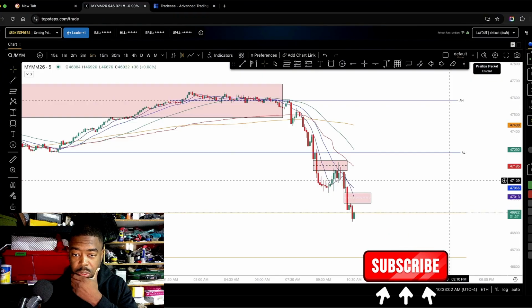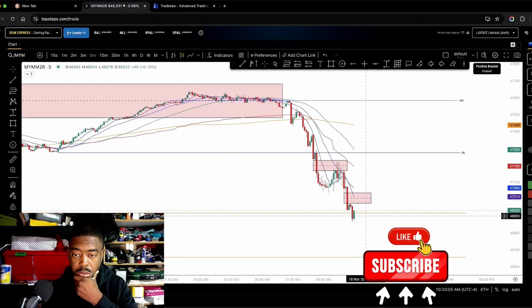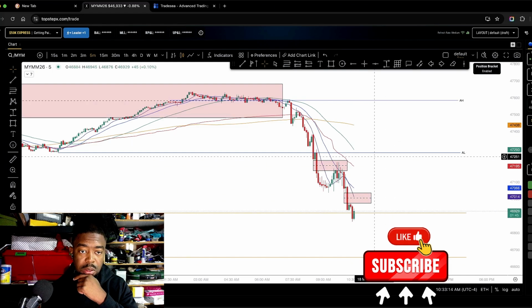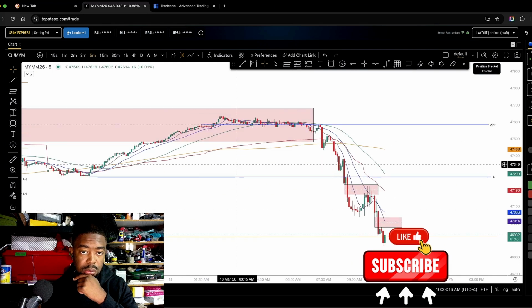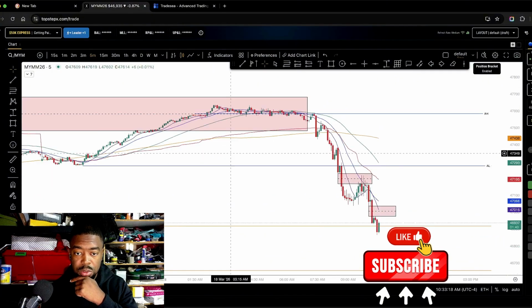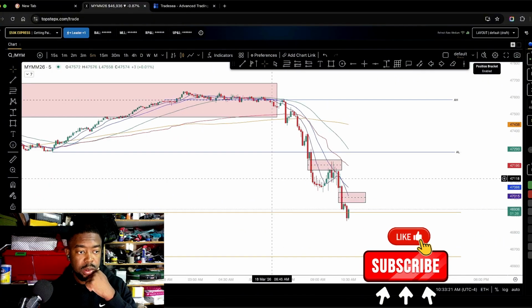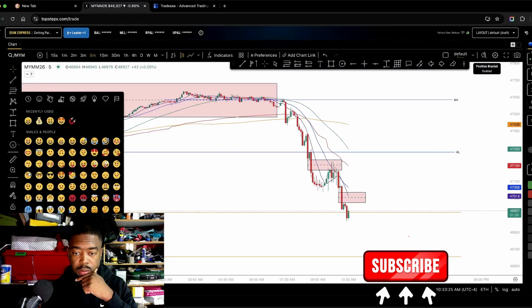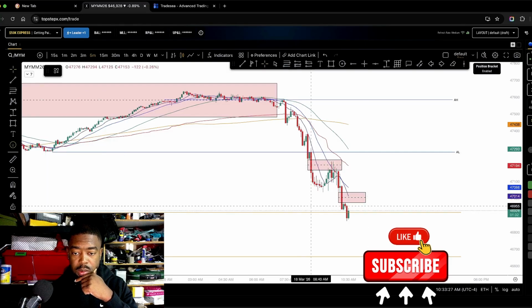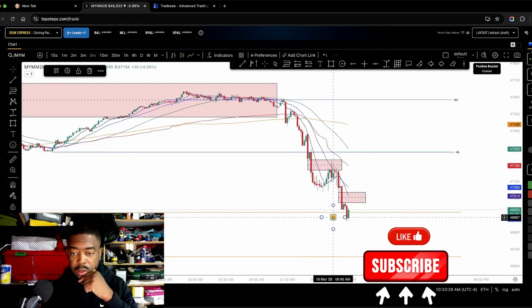Or this swing, this could be a liquidity sweep off this hour to push it all the way back up. Where's my happy face marker or cursor? Talking about this swing right here.